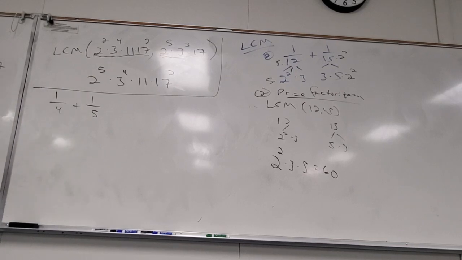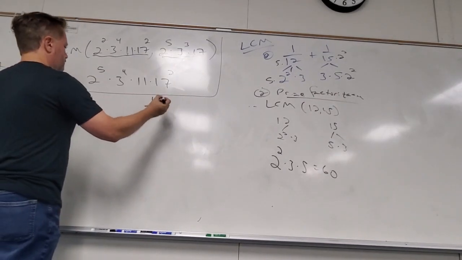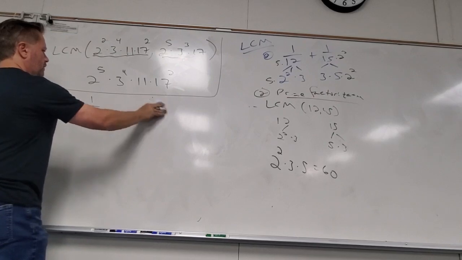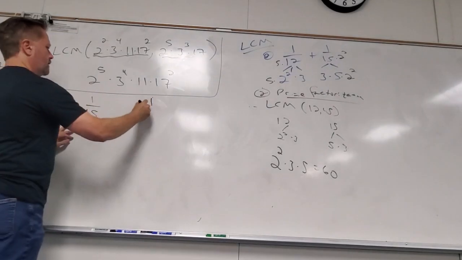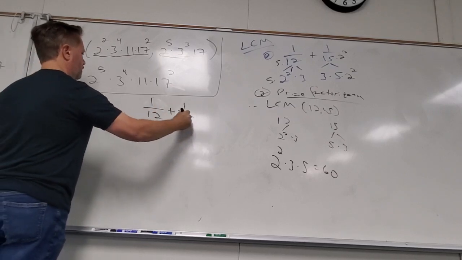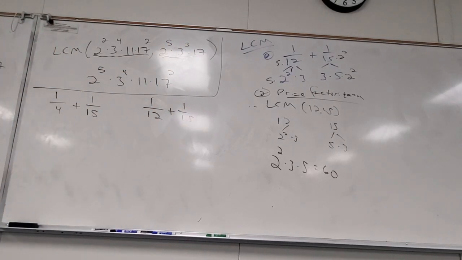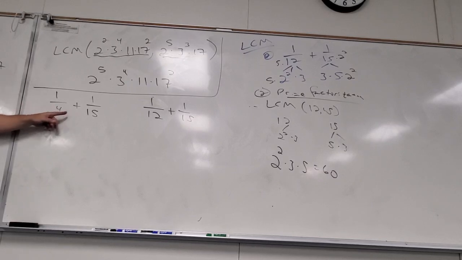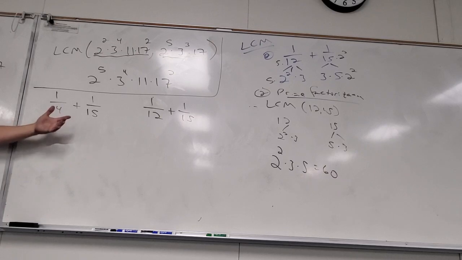Why is that much better than, let's make this 15, the situation we have over there? This situation is so much better to be in. Because do these share anything? Do these share any factors? 4 and 15, do they have any of the same factors?